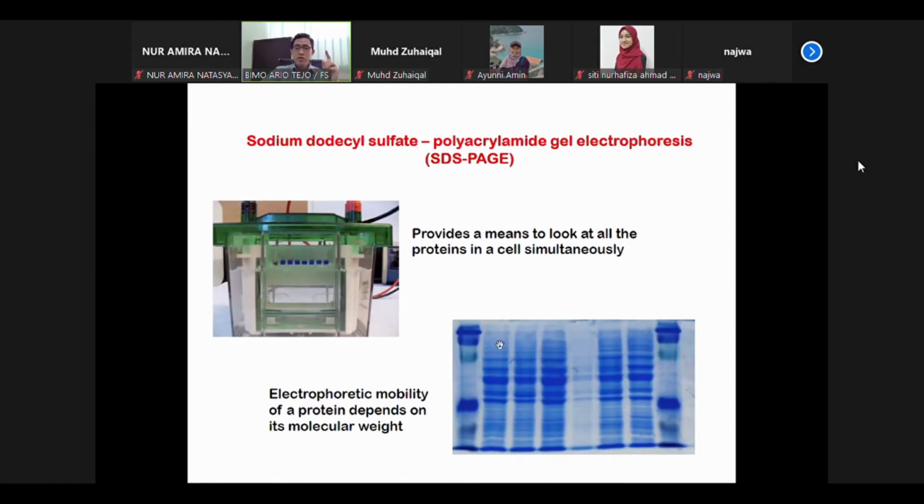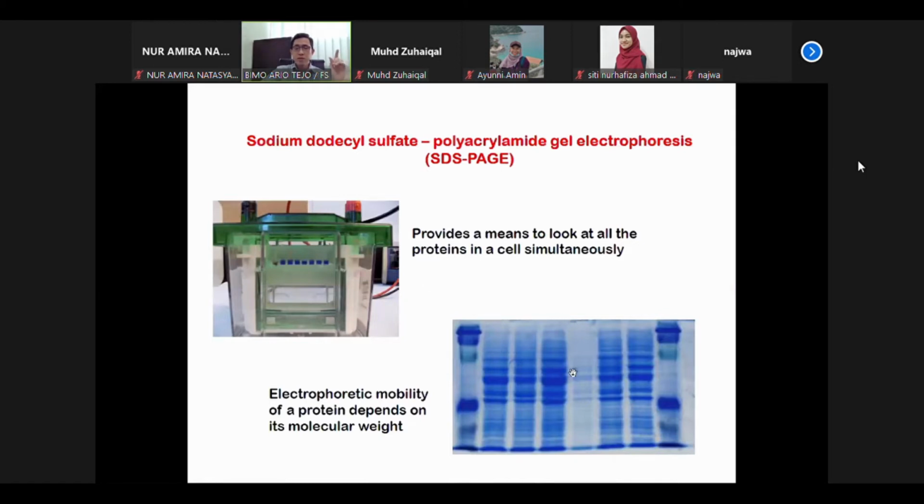So you can see here, in these samples that you run in SDS-PAGE, each sample has several proteins, not only one, not only two, not only 10, but a lot. Normally we see this scenario when you run a biological sample, like blood or body liquid from the human body, like urine, because human body liquid consists of multiple proteins, and each protein has a different molecular weight.